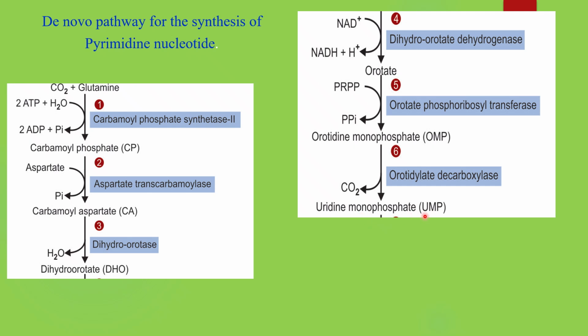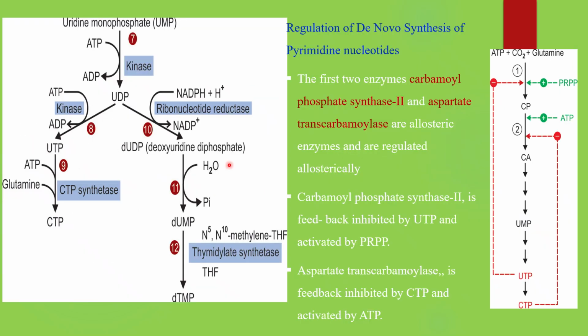So uridine monophosphate, the first nucleotide of RNA, is formed. Then it can be converted into UDP in the presence of kinases, and UDP can be converted into UTP. Further, UTP can be converted to CTP, cytidine triphosphate, with the help of glutamine, and the enzyme is CTP synthetase.